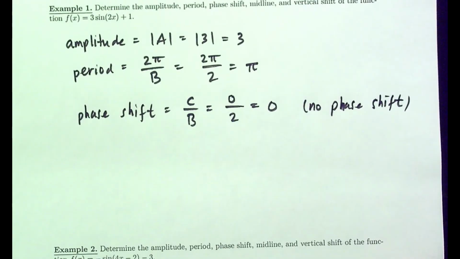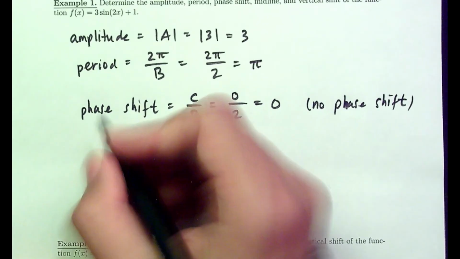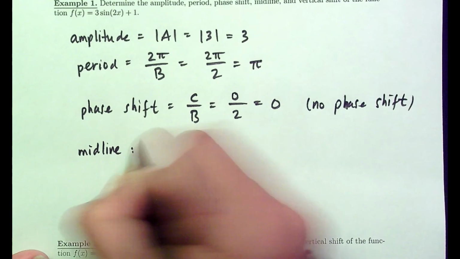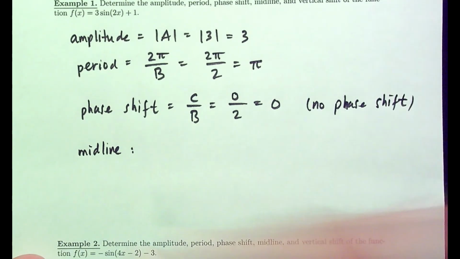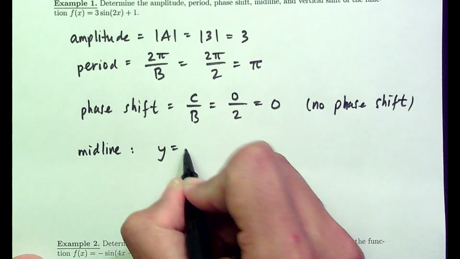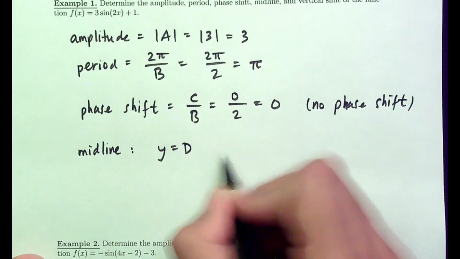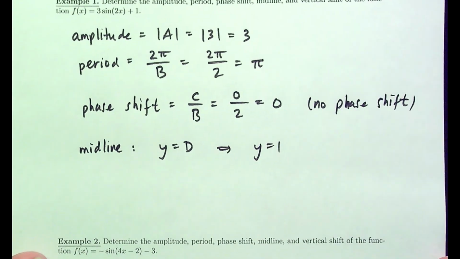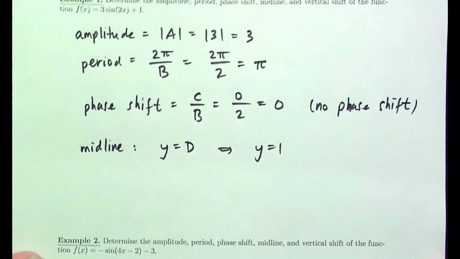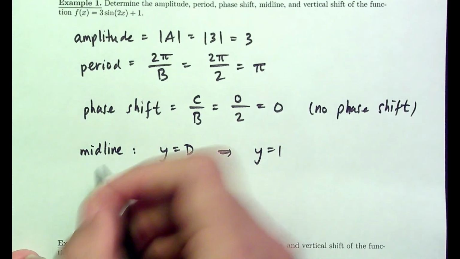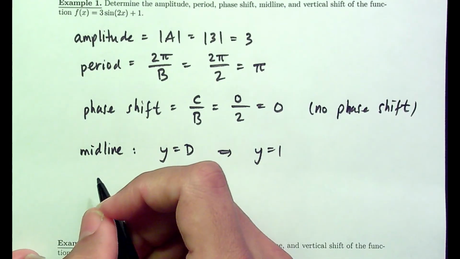And finally, there are 2 more things. The midline. Okay, the midline is just a line with the equation y equals d. So remember that. And the d here is 1. So that means y equals 1 is the equation of the midline, the line that passes right through all the waves. And lastly, the vertical shift.